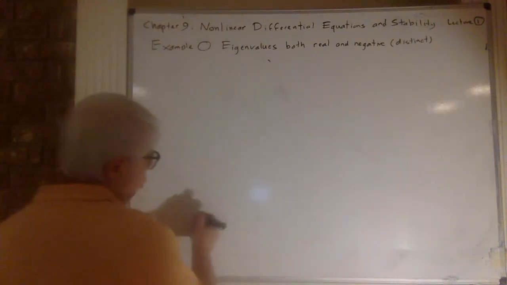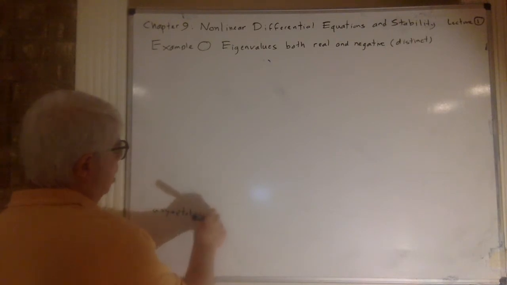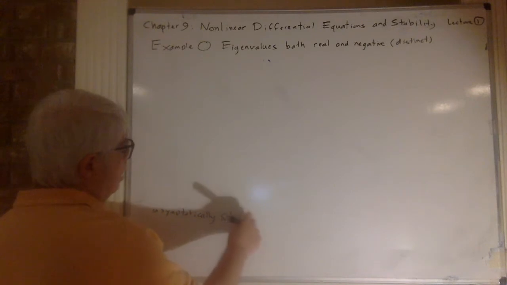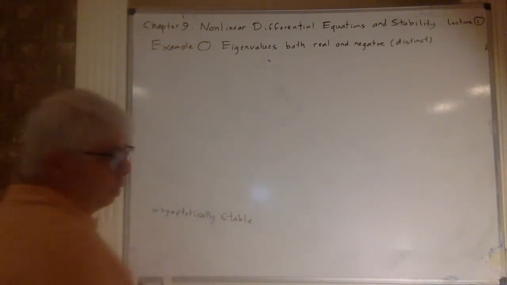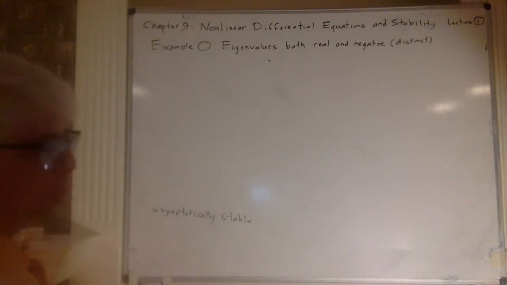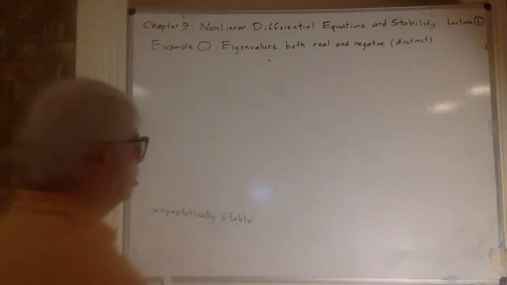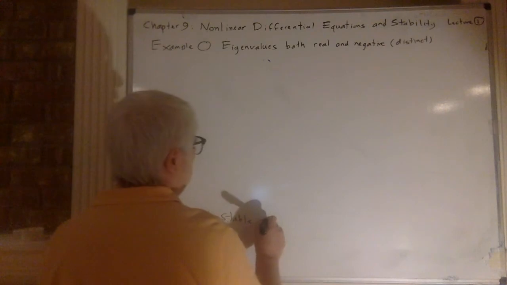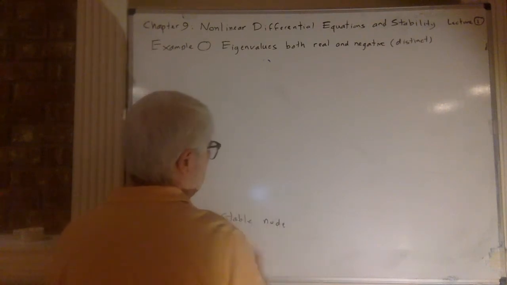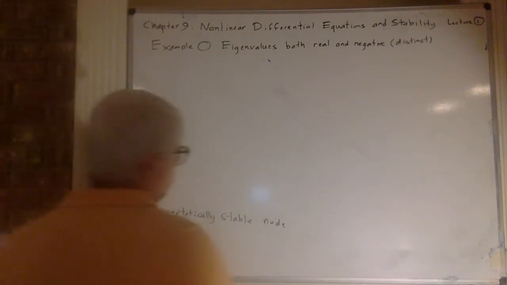In fact, this should be written asymptotically stable. And you know why? Asymptote means that the t-axis is the horizontal asymptote, and the point (0, 0) is what they approach asymptotically. So that's the situation when the eigenvalues are both negative and distinct.